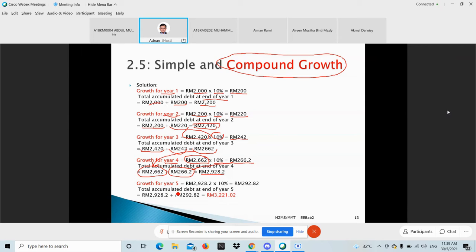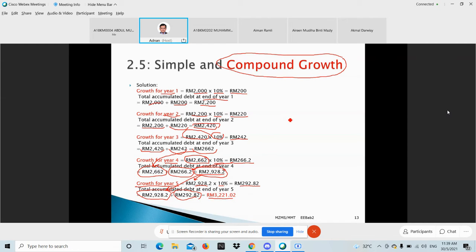So growth for year 5, okay, so you have this, you go to here, okay, 10%, you have 292. Okay, so apa yang you have at the end of year 4 plus new growth, akhirnya you have this one.